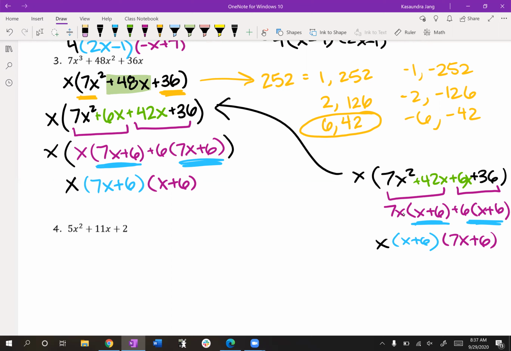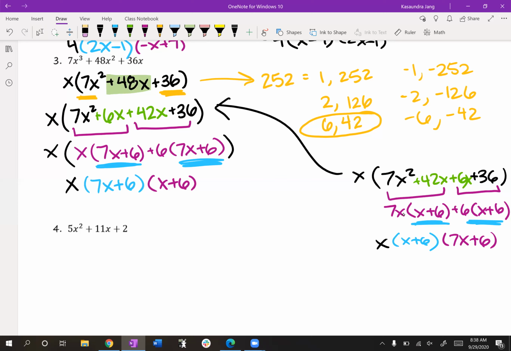Okay, got it. All right, so then let's look at number 4 here. First of all, is there a GCF? No GCF, nothing that goes into 5 and 11 and 2? No, those are all prime numbers, not much I can do with that. So I'm going to move on to the next step.